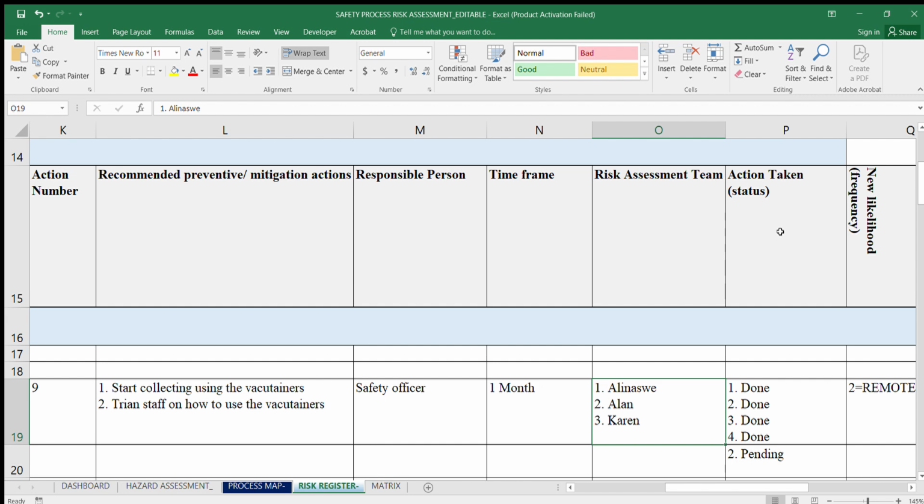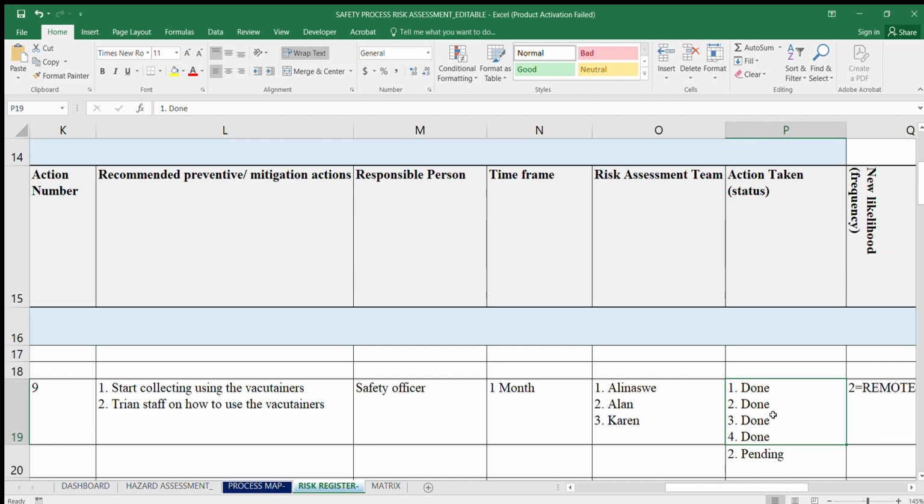Okay, so now action taken, that is the status now of the action. Here you're indicating if you've implemented or if you've not yet implemented the proposed or the recommended preventive or mitigation actions.